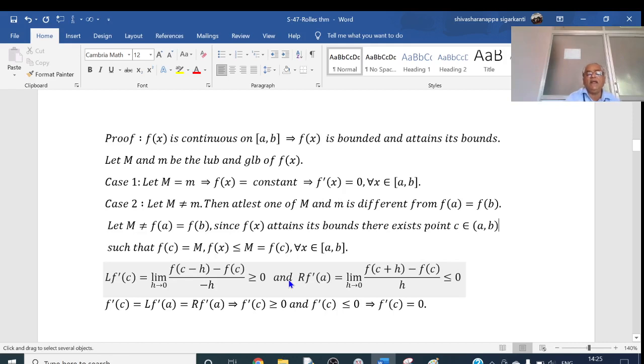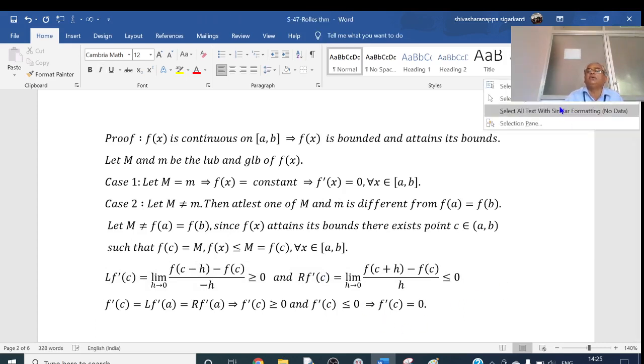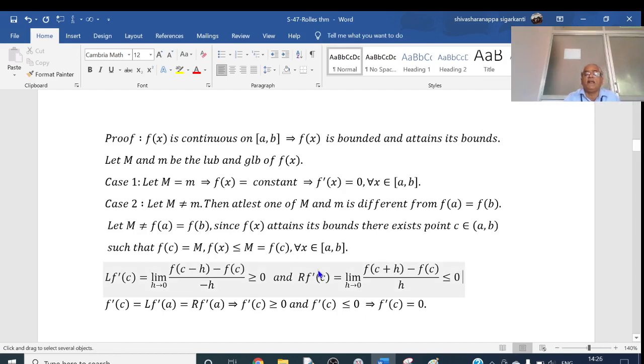And what about the right hand derivative, R f dash of c? I have taken the point c, so f dash of c is equal to, by the right hand derivative definition, f of c plus h minus f of c divided by h.